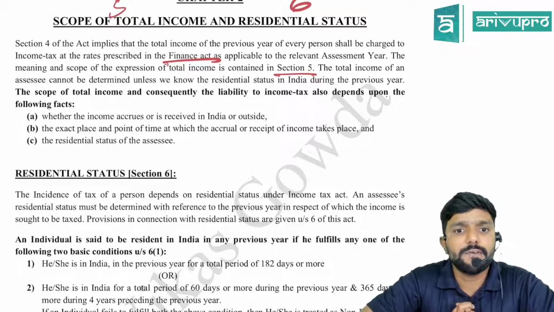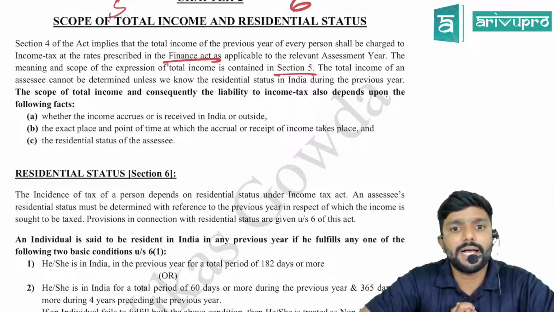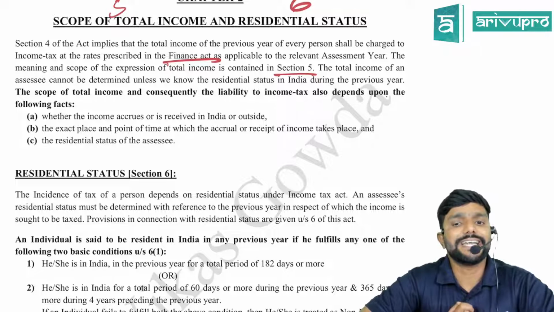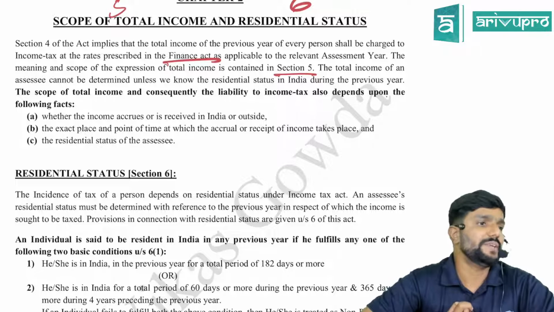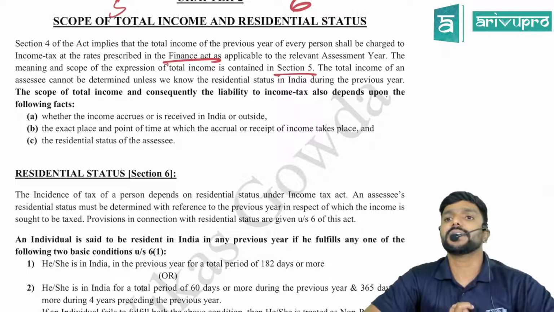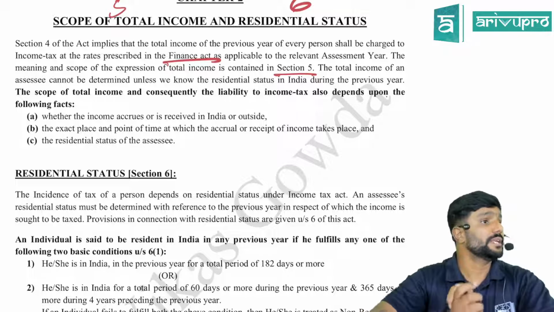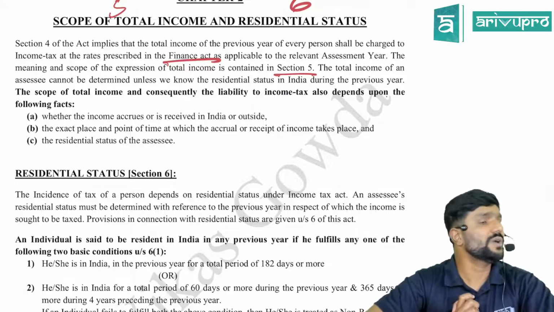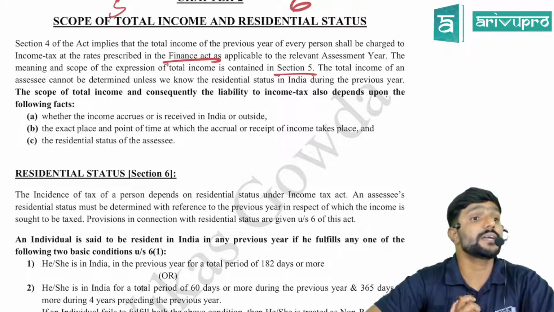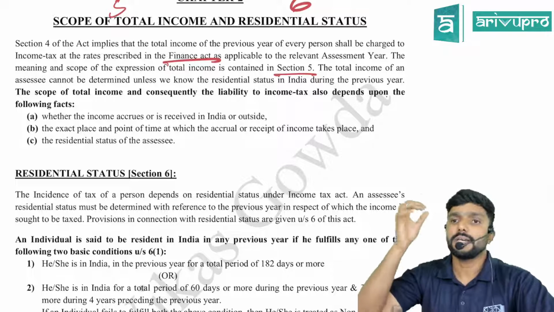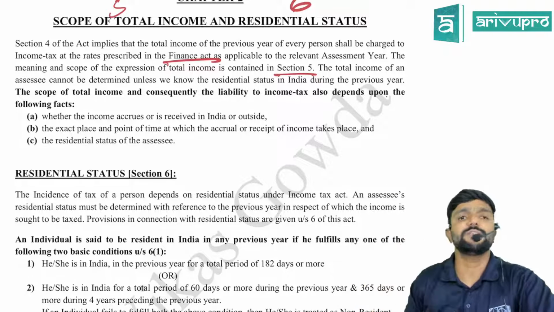The total income of an assessee cannot be determined unless we know what? The residential status in India during the previous year. Now, sir, should we determine the residential status first? Yes. When? It is not a lifetime, it is for every year. For which year do you have to determine the residential status? 23-24. Now assume in the previous year 23-24 he is a resident.